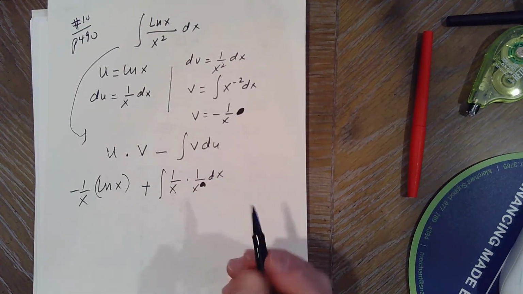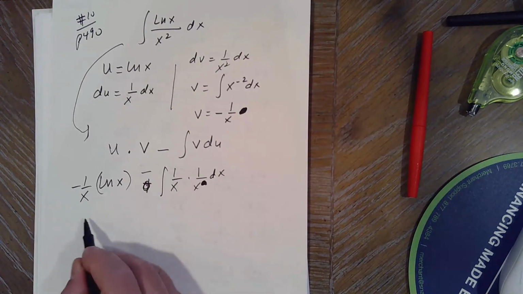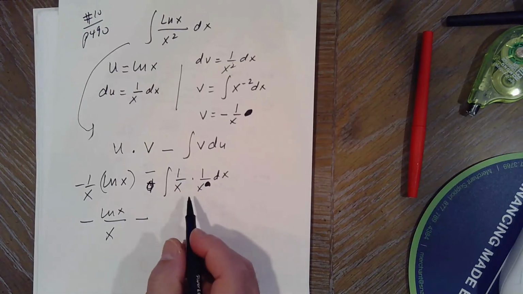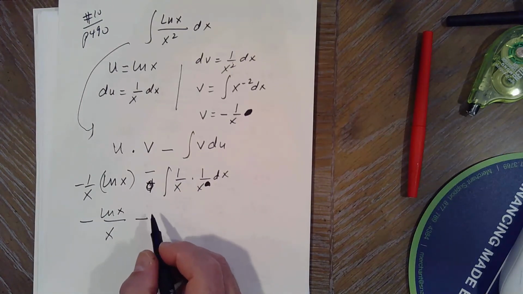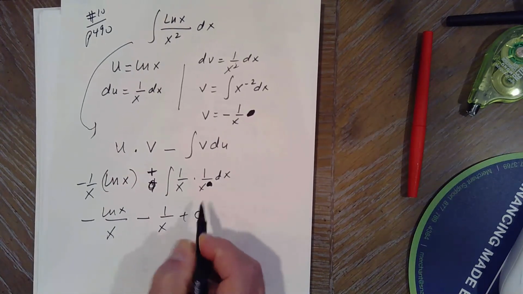That's negative ln of x over x, and that's a minus. I don't know what I was thinking. Negative ln of x over x minus integral of 1 over x squared, sorry, that was plus. Now it's a minus. Minus 1 over x plus c.